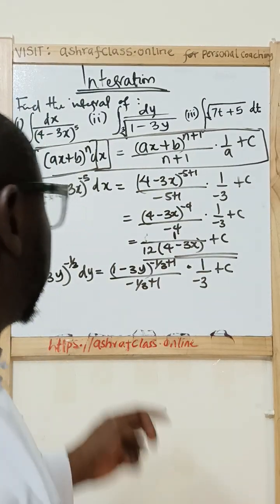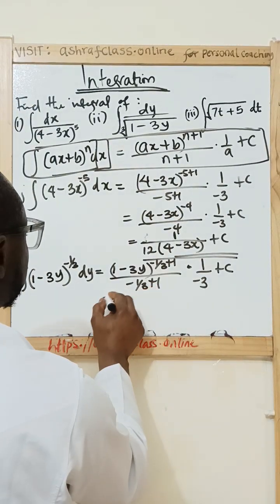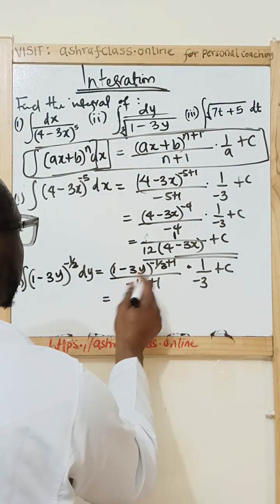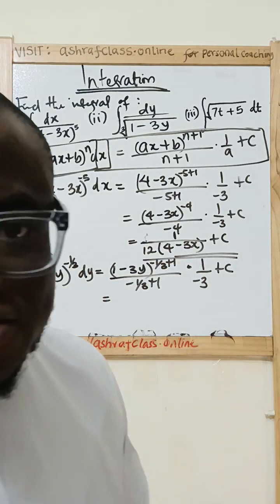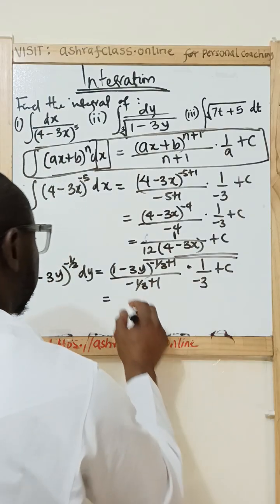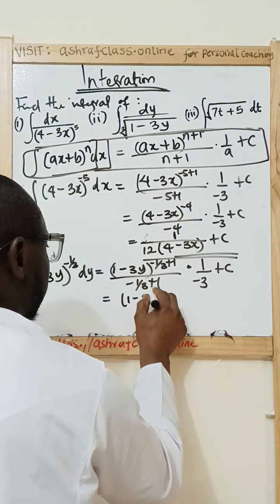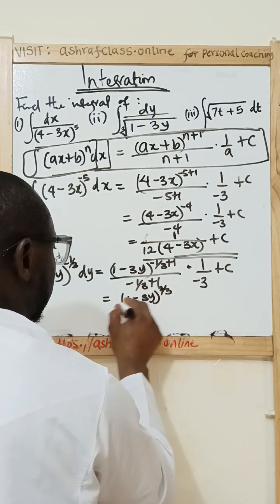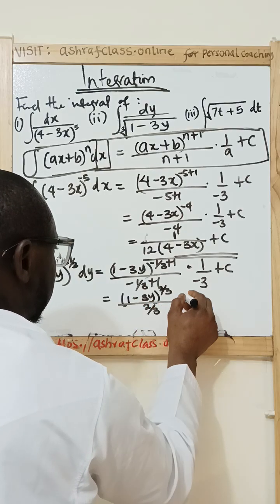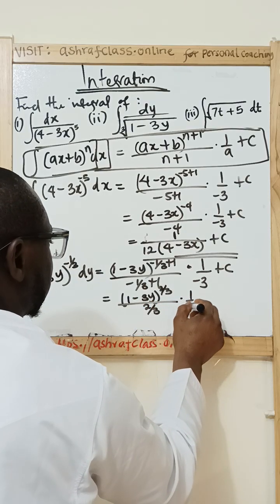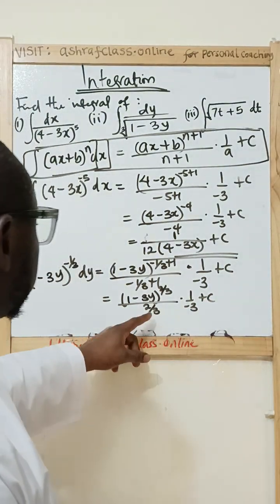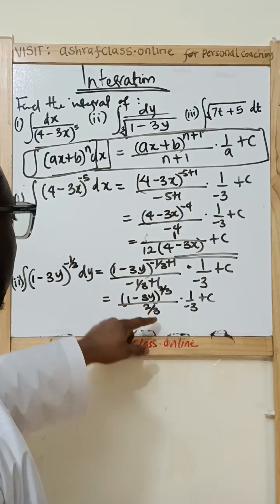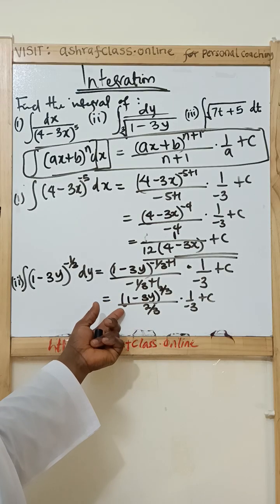So this now is going to be 3 minus 1, that's 2 all over 3. So (1 minus 3y) raised to power 2 over 3, all over 2 over 3 times minus 3, plus c.